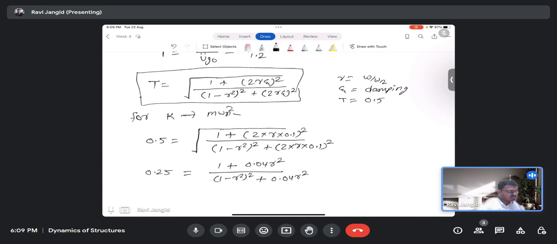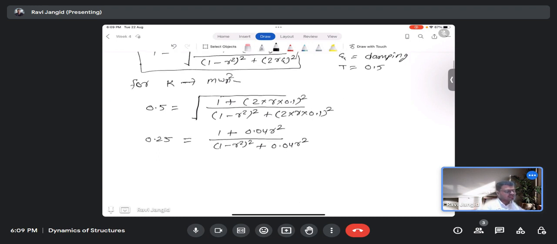Okay, if I do some mathematical simplification, that will become 0.25. If I solve this equation, that will become 1 plus r power 4 minus 2r square plus 0.04 r square is equal to 1 plus 0.04 r square.